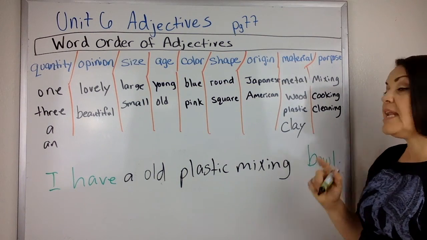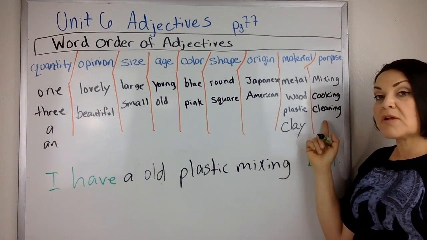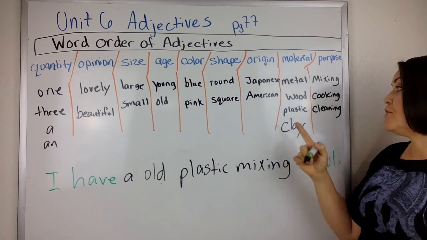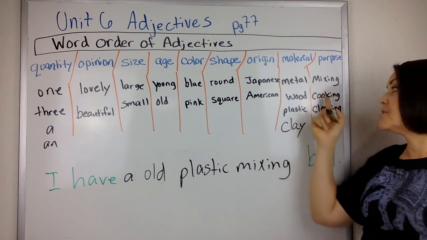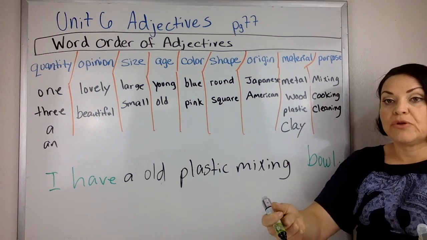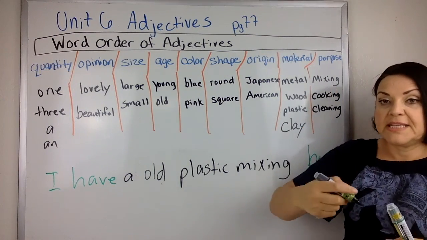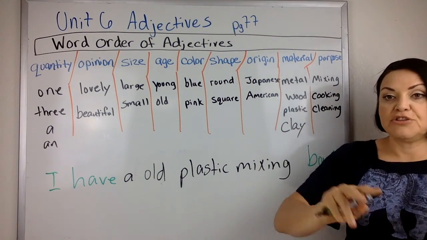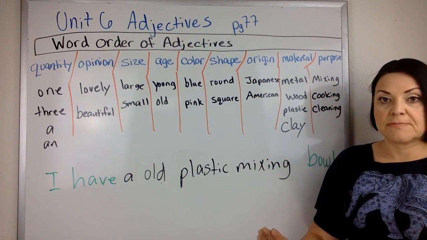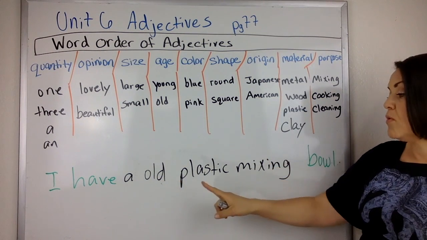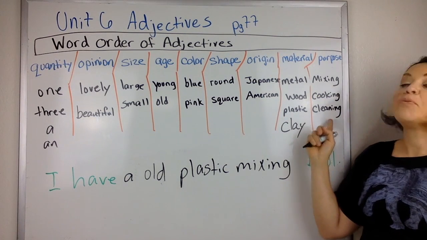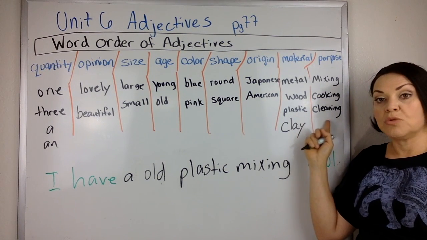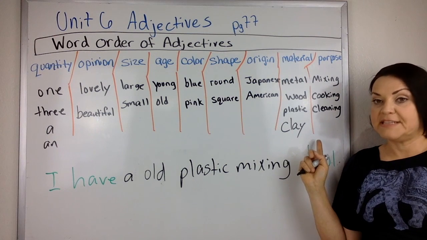It could be a cleaning bowl. It's a bowl I use for cleaning. It's a bowl I use for cooking, or it's a bowl I use for mixing. Because cooking means it'll go on the stove. Mixing would be mixing, and then it might be a bowl that I use just to clean the house. So I have an old plastic mixing bowl. So this is where its purpose. What does it do? And this can have many different adjectives.